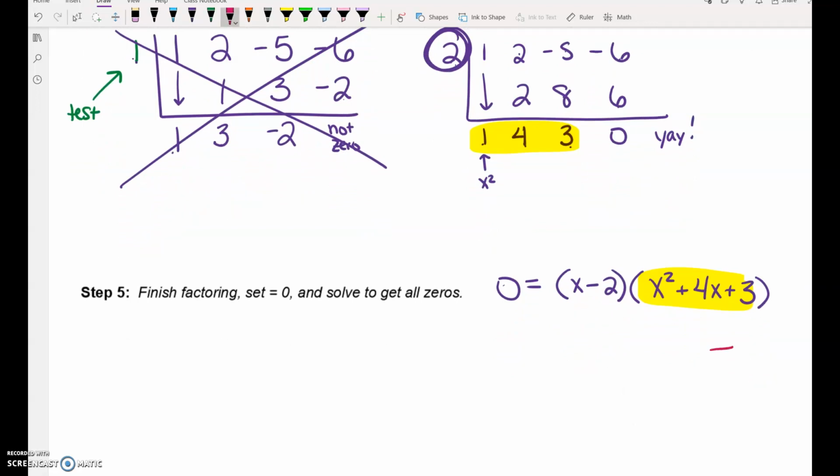Do we know how to factor that trinomial? Why, yes, we do. We're going to look for two numbers that multiply to give us 3 and add up to 4. That'd be 1 and 3. So that part factors into x plus 1, x plus 3.